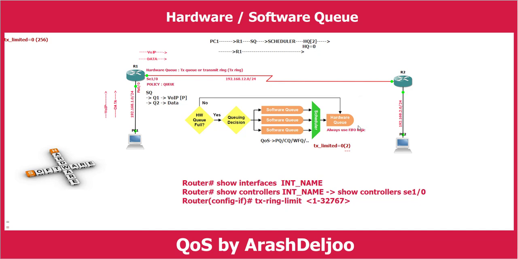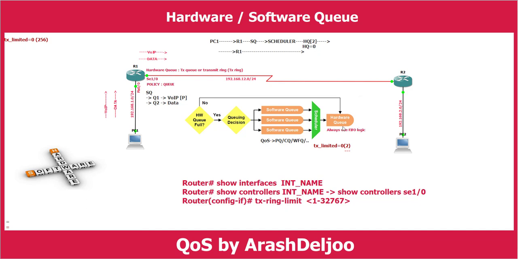Cisco calls this separate final queue either the transmit ring TX queue or transmit ring TX ring, depending on the model of the router. Regardless of which name is used, you can call this small FIFO queue a hardware queue, TX queue, or TX ring.